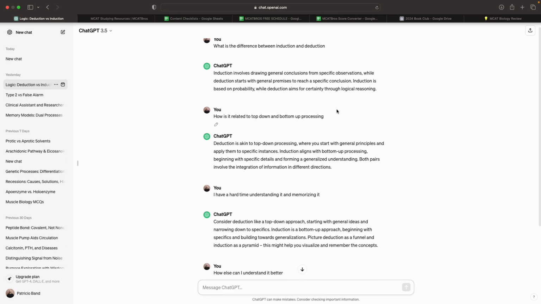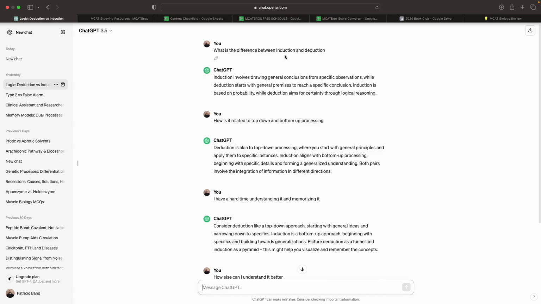So here I asked ChatGPT, what's the difference between induction and deduction? Induction involves drawing general conclusions from specific observations. That's bottom up, right? While deduction starts with general.